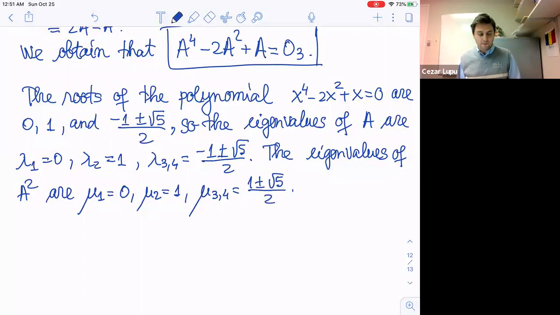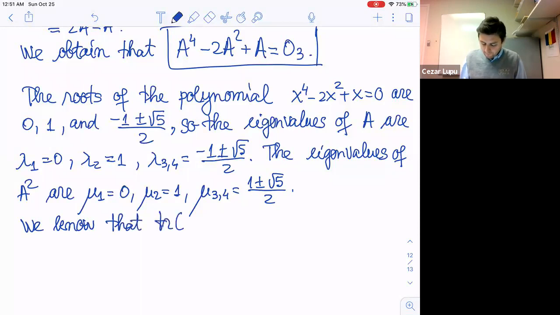But now we know something. If we want to go back, we know that the trace of A is 0. But the trace of A, on the other hand, is the sum of the eigenvalues, so the sum of these lambda k from k equals 1 to 4.